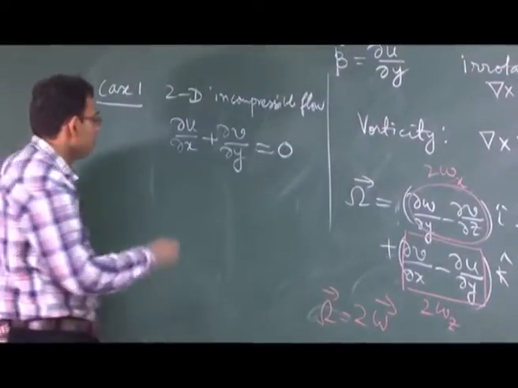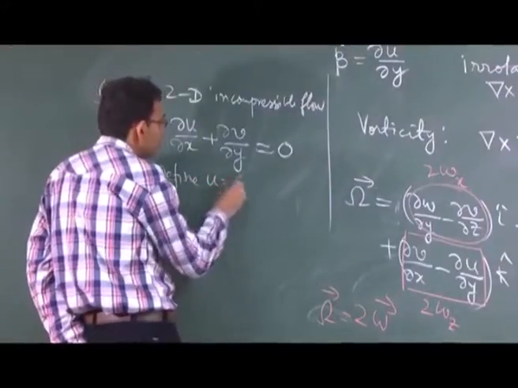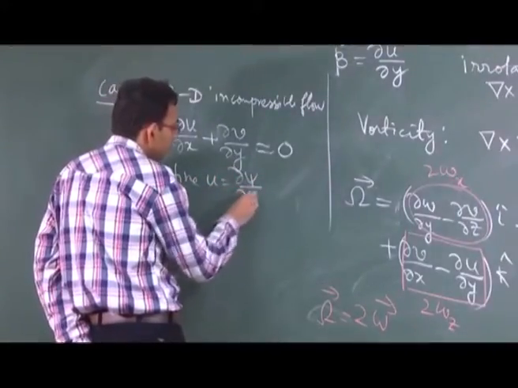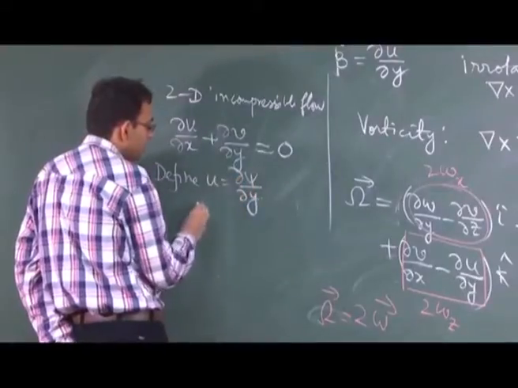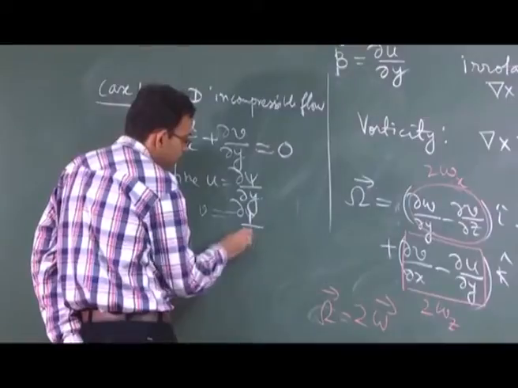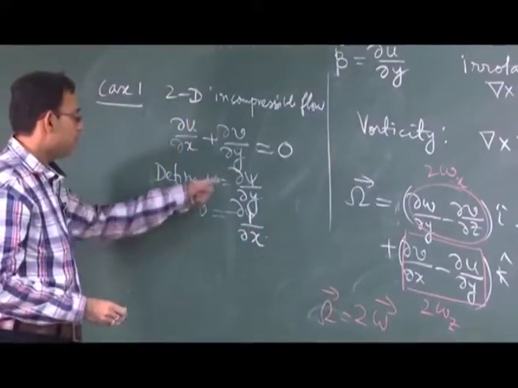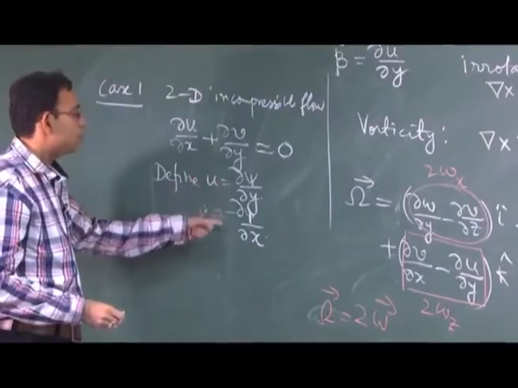It is possible. Say you define u is equal to del psi del y, where this psi is a function of x and y. This plus or minus sign with u and v, one has to be opposite to the other.